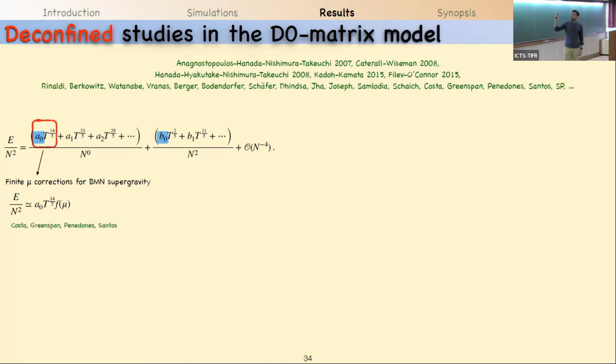So for the BMN model, even though we don't have a known analytical gravity dual, a first step was taken by Costa, Greenspan, Penedones, and Sandoz, where they constructed a deformation of this black D0-brane geometry. And the deformation was concerning only the supergravity term here.